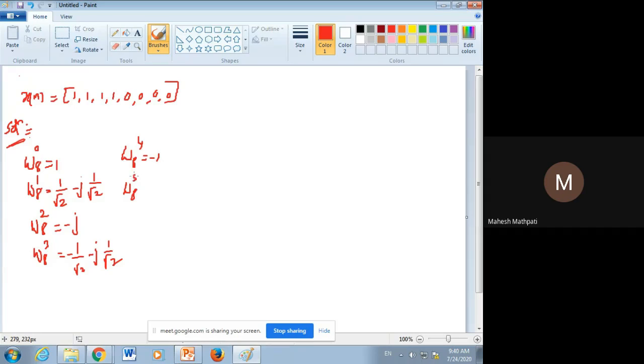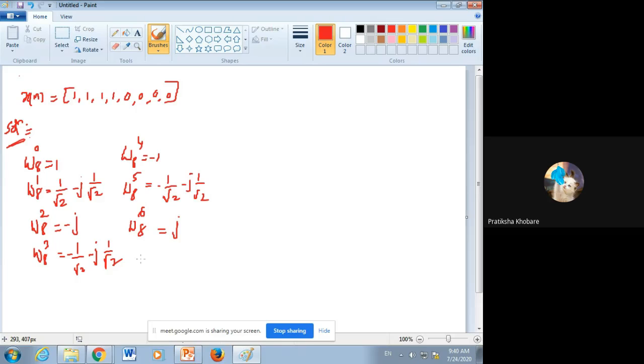W8 5 is equal to minus 1 by root 2 minus j 1 by root 2, and W8 6 is equal to plus j.